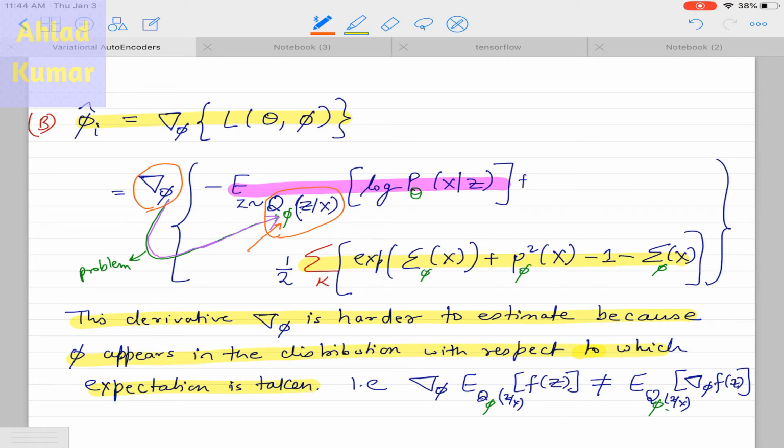That's why it's difficult to take the derivative with respect to phi. So you can see that this identity is not valid. That is, if the expectation is taken over a distribution which is dependent on phi, you cannot pass the del phi inside this expectation operator. As you can see over here, it's an inequality sign, so you cannot do this type of operation.